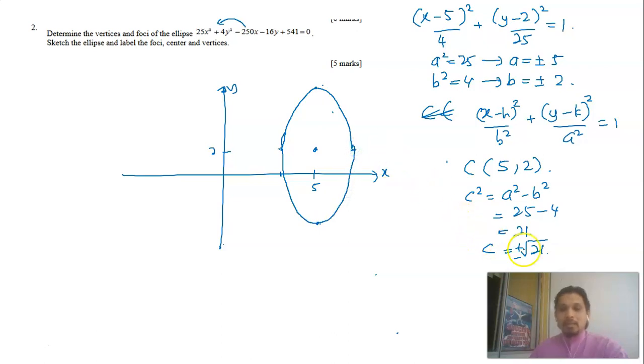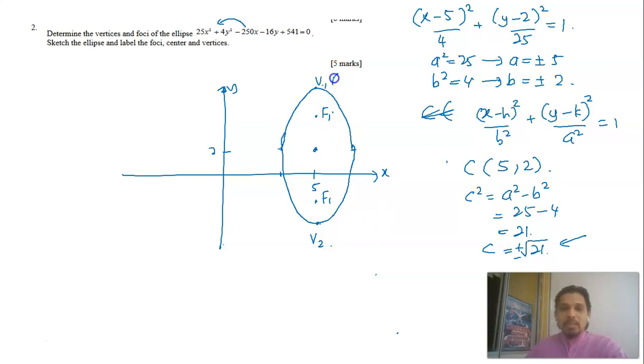And this will give you the point of focus F1 and F2. Focus is always on what we call the major axis. So the major axis is somewhere around here. F1 and F2, and this is V1 and V2.